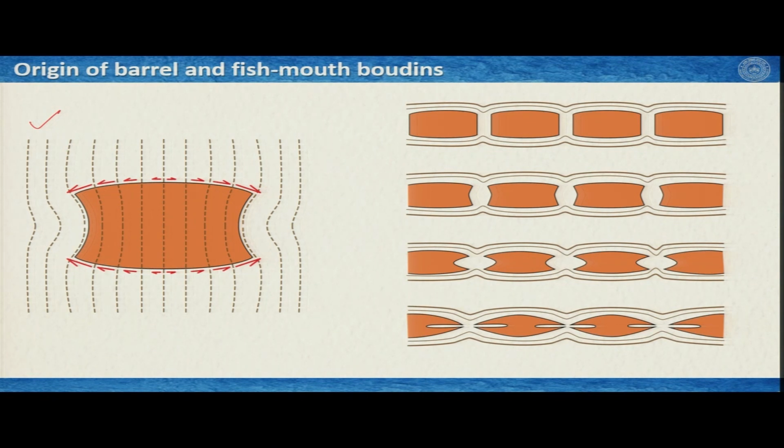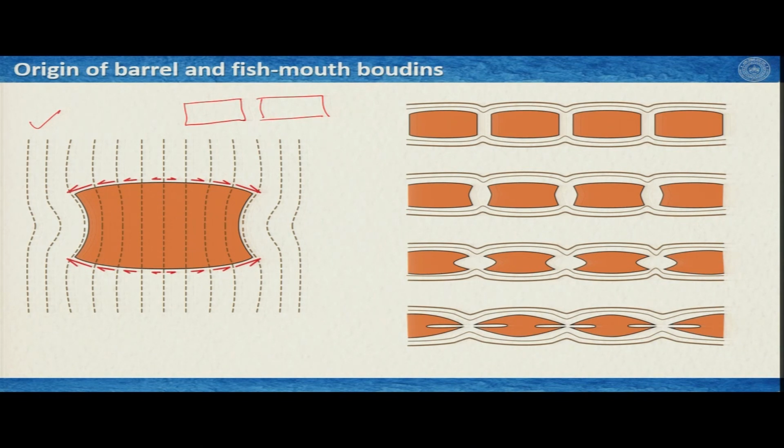So, the preservation of the sharp right angle corners of rectangular Boudins indicates that the competence contrast between the Boudins and the host rock is very large. If the competence contrast is extremely large, then you would see this kind of rectangular Boudinage, but if not, then you will see features like this, which we will be discussing soon.